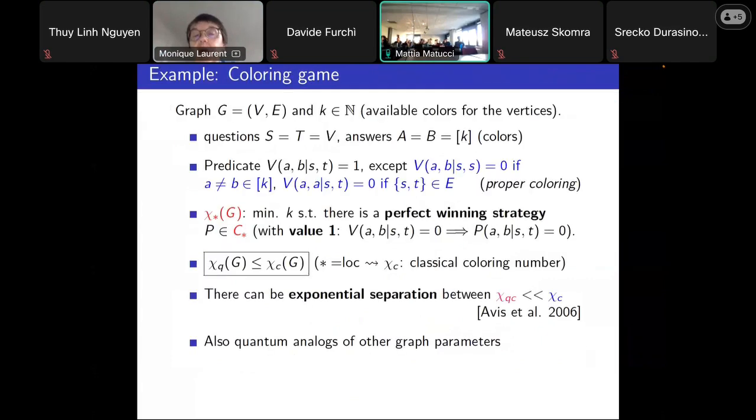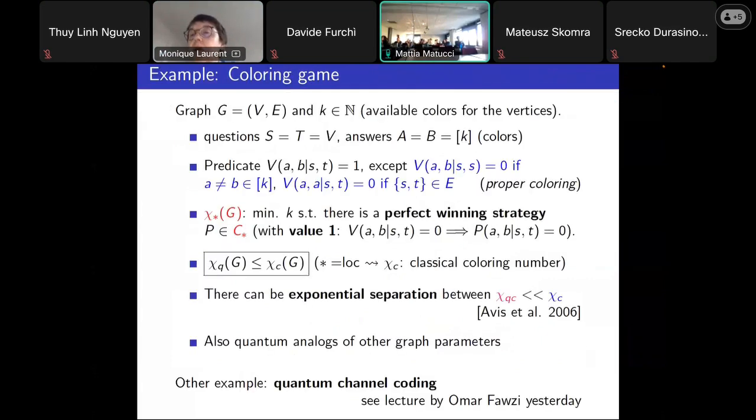I don't see. Oh, yeah, there. Sorry, I'm kind of confused about what it means that the quantum graph coloring number is less. I mean, can we color the graph with less colors? What's the intuition behind it?